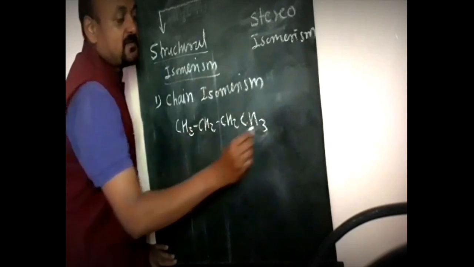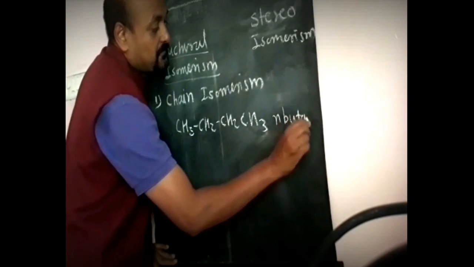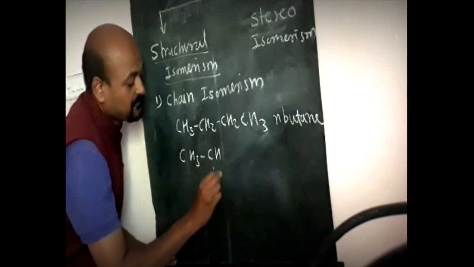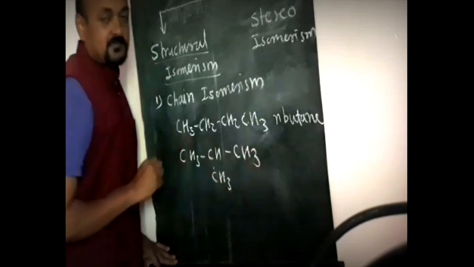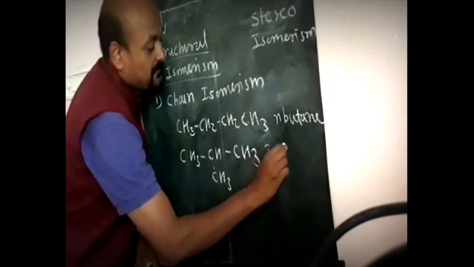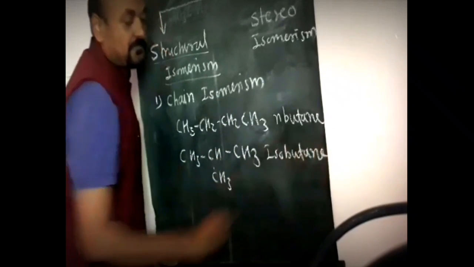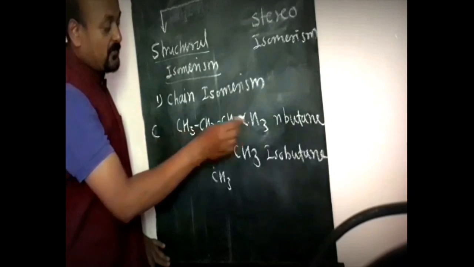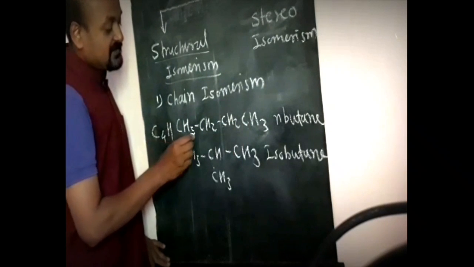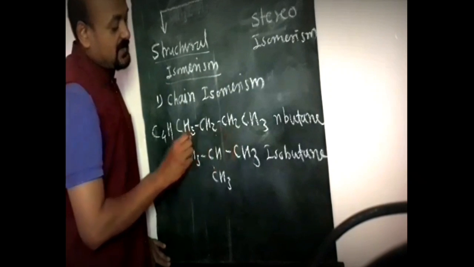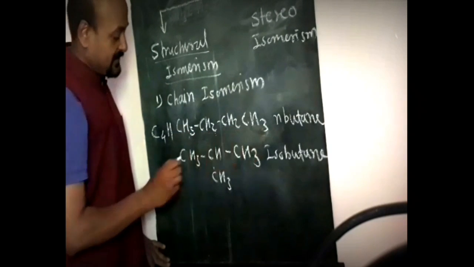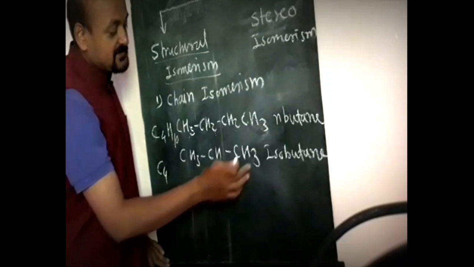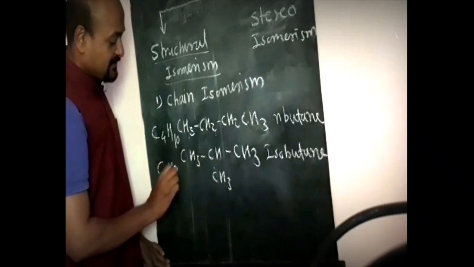As you know, this is n-butane, whereas this one is isobutane. Here the molecular formula is C4, and hydrogens 3 plus 2 plus 2 plus 3, that is H10. Here also the molecular formula is C4H10.